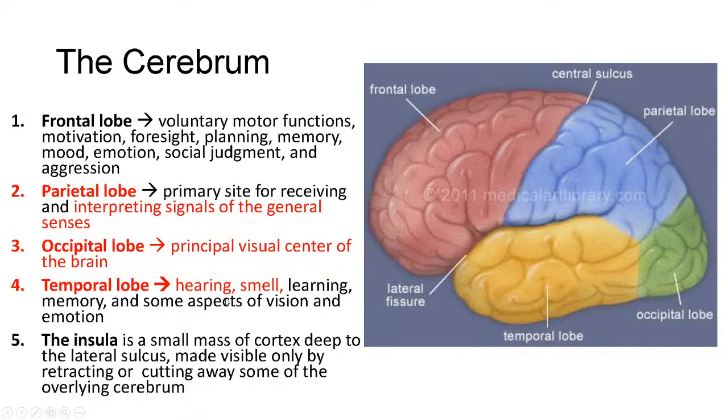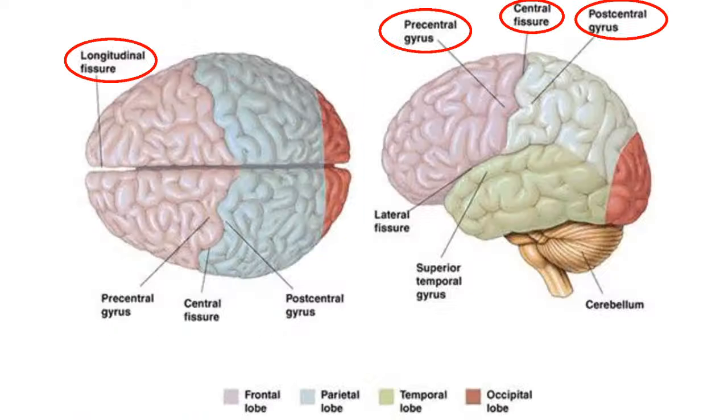The temporal lobe is responsible for things like hearing, smell, but also learning and memory, and it is responsible for some aspects of vision and emotion. And then lastly, the insula is that lobe that we can't see deep to the temporal lobe. You have to cut away the temporal lobe to see in and get it.